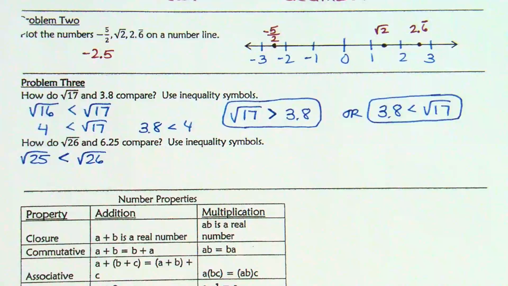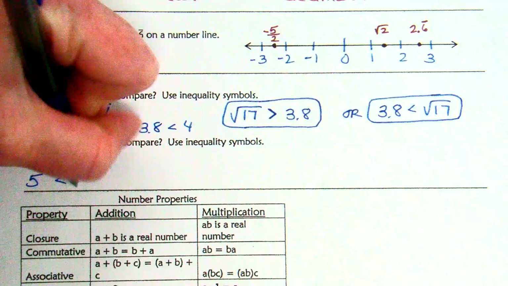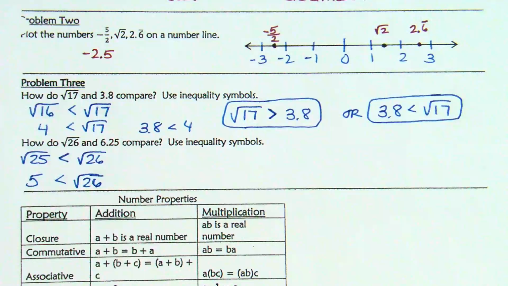What do you know about the square root of 25? It's 5, right? So at this point, I'm at the situation where I know the square root of 26 is slightly bigger than 5. What's our other number? 6.25.